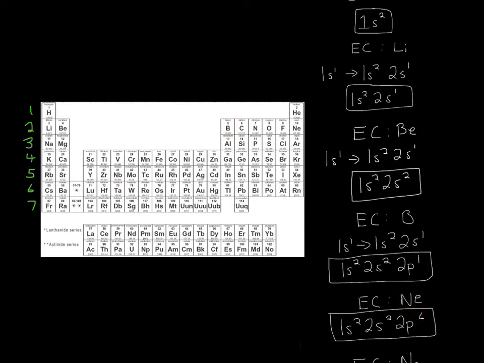Continuing, neon is right here. So work our way down. So we have 1s2, 2s2. So neon, right, is in the P block. This is the P block. So that's why I have 1s2, 2s2, and then the P block, right?